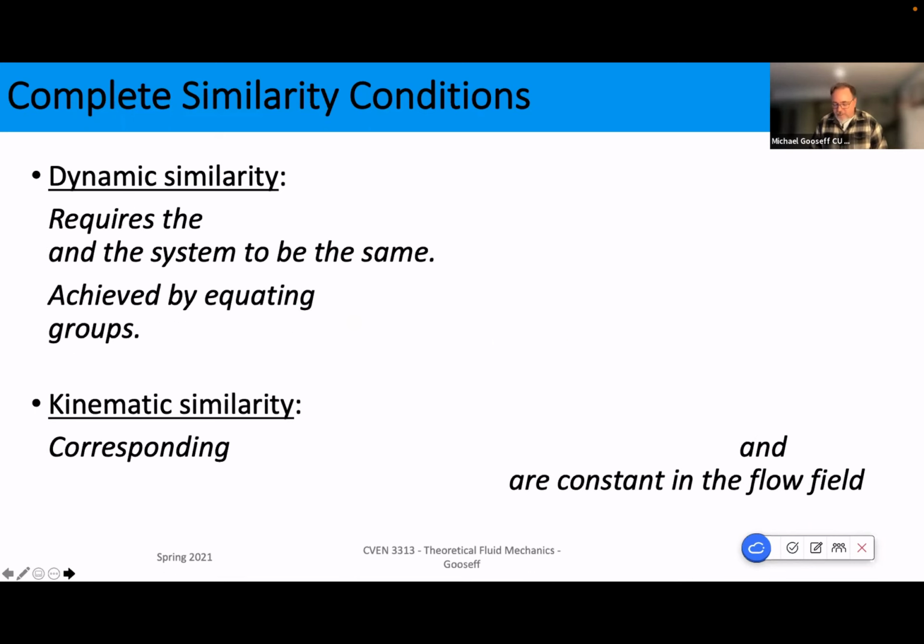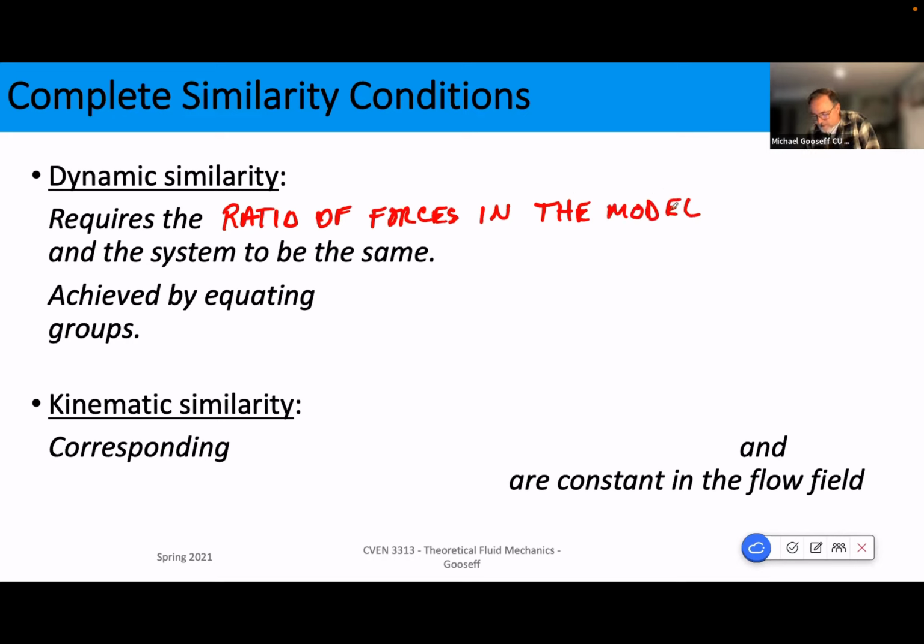All right, dynamic similarity requires that the ratio of forces in the model and the system be the same. So in other words, dynamic similarity is something we're often going for when we think about the ratio of these different forces, like we talked about with those dimensionless groupings earlier.